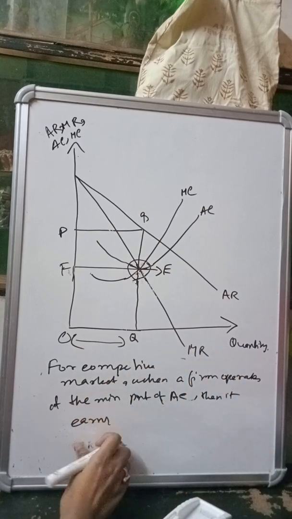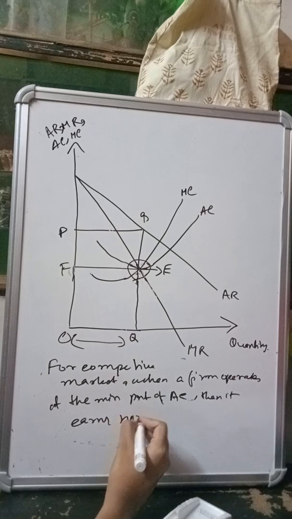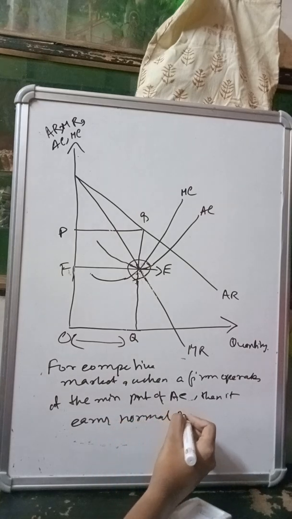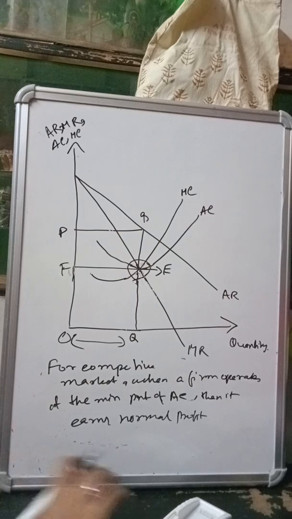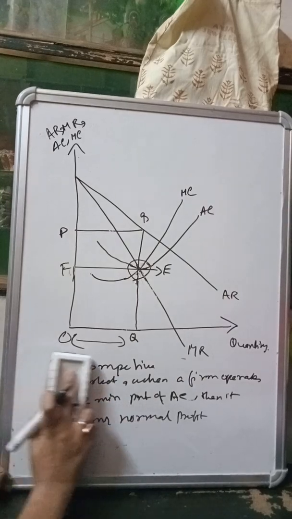That is, whatever profit it is earning is equal to its loss. But this is not the case for a monopolist. Why? Because here you see that the monopolist is earning a supernormal profit.